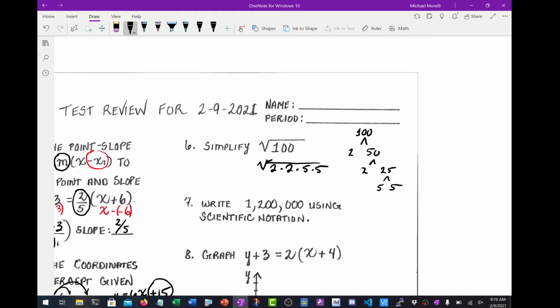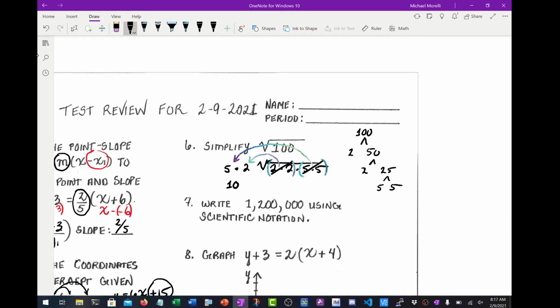Anytime you have a pair inside the square root, you can pull them out as a single number. Here's a pair of 2s, here's a pair of 5s. You can pull out a single 2 from here, and you can pull out a single 5 from here. These numbers will be multiplied on the outside. When you pull them out, you kind of cancel them on the inside. And so the final thing is just 5 times 2.